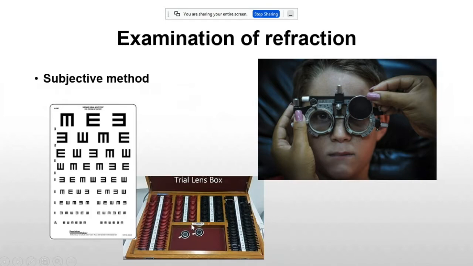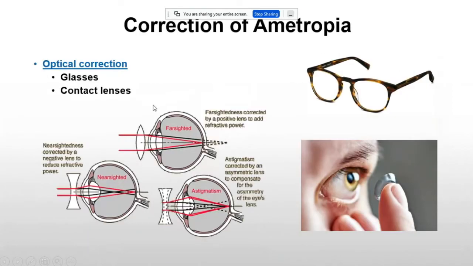And what happens when we add minus lenses? In myopia, the focus is in front of the retina. For example, we add minus 0.5 and we get vision a little better, for example 0.7, 0.8. At minus 1 diopter, we have clear vision of 1. And what if we put the next minus, for example minus 1.5?